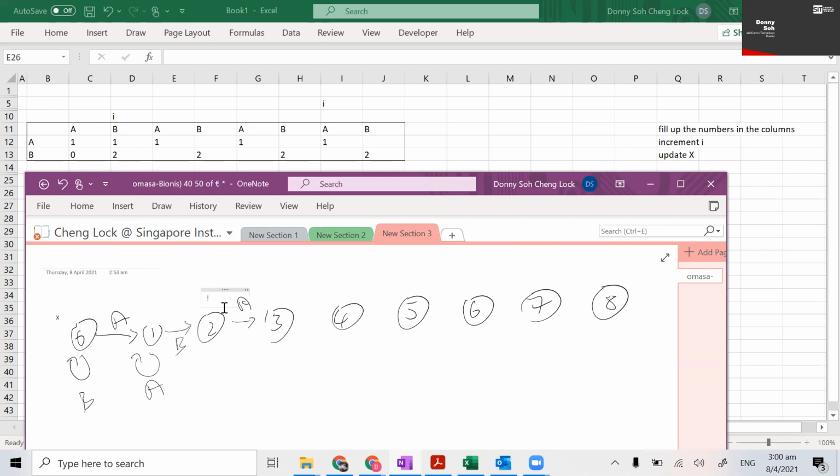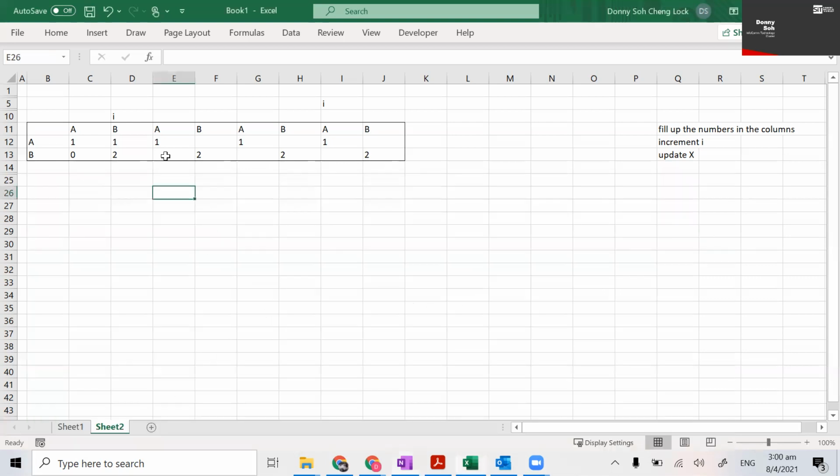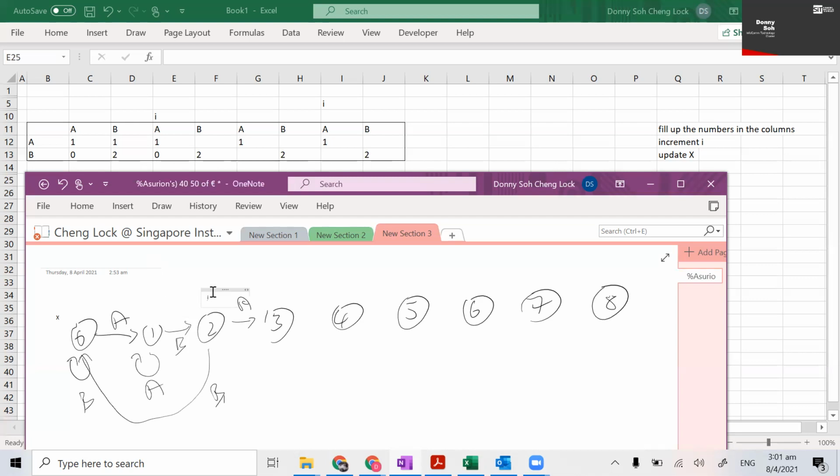If I see a B, this will continue to go to 0. X will continue to stay at 0, and so this will go to 0. Okay, I increment I.